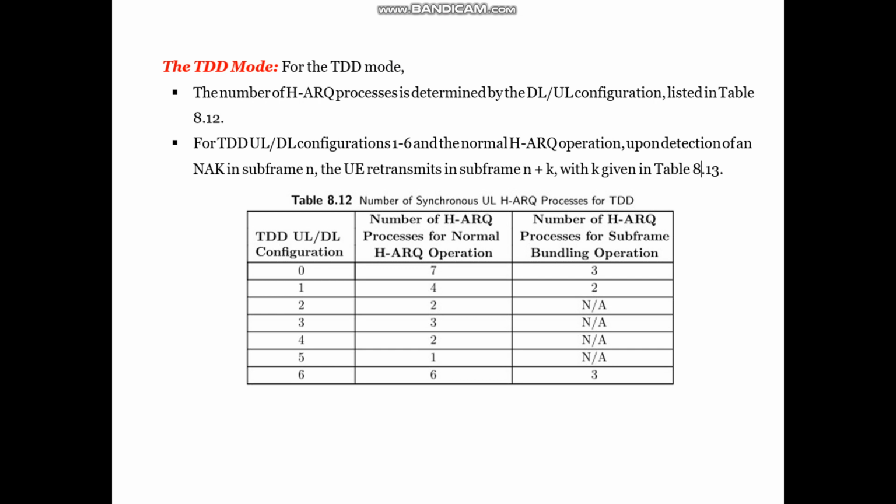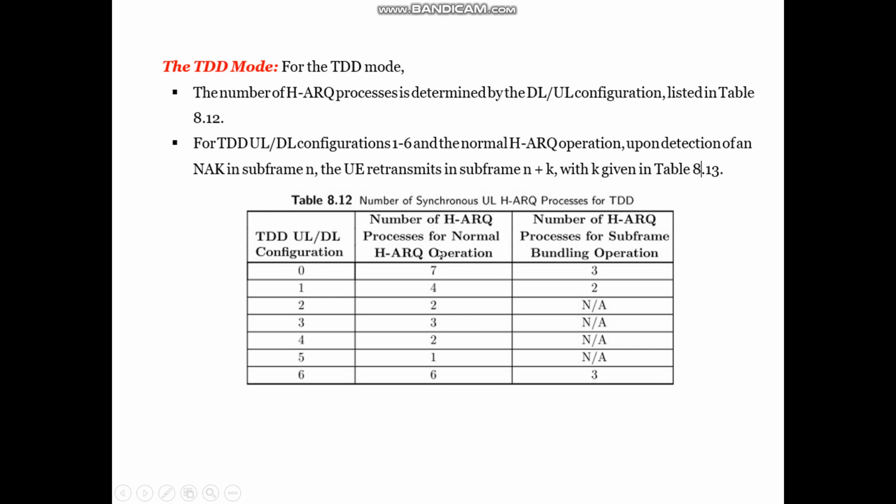Or not acknowledged. Coming to the TDD mode, the number of HARQ processes is determined by the uplink or downlink configuration listed in table 8.12. You can see this table determines the number of HARQ processes. The TDD uplink or downlink configuration is listed from 0 to 6, that is, 7 different configurations.